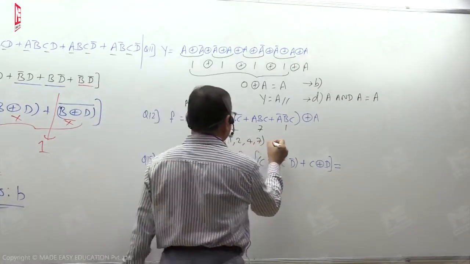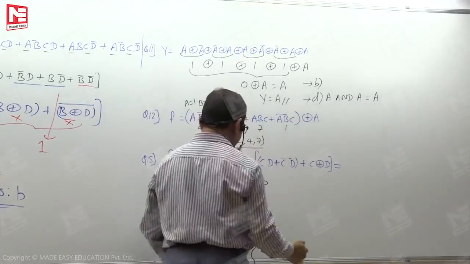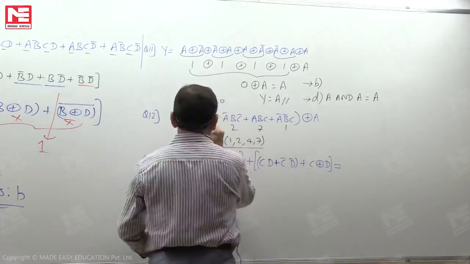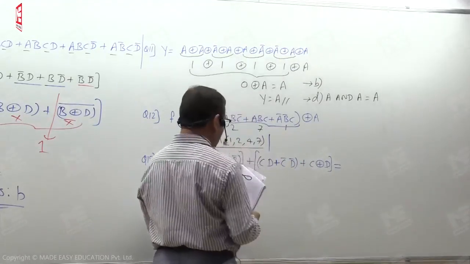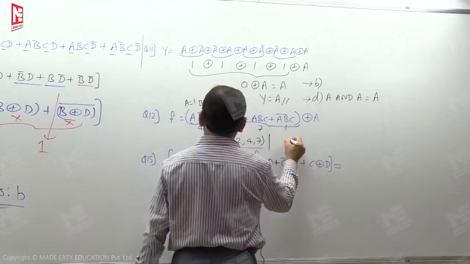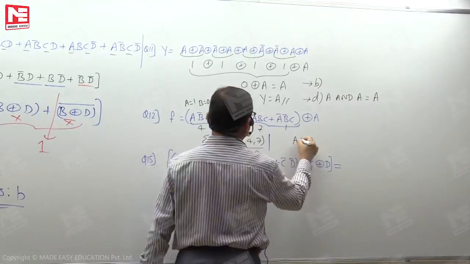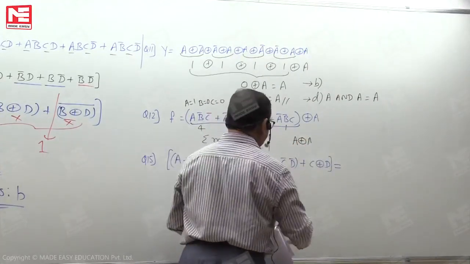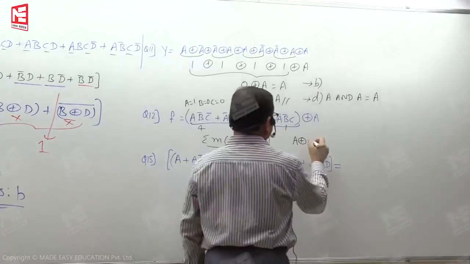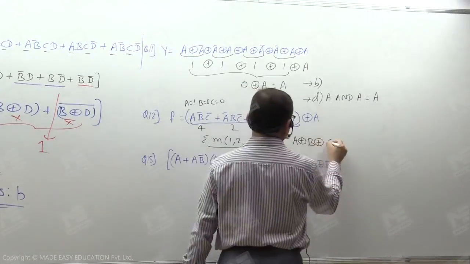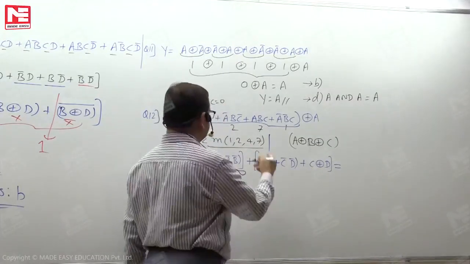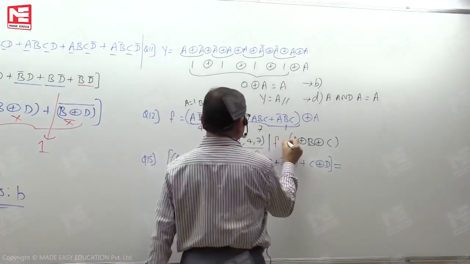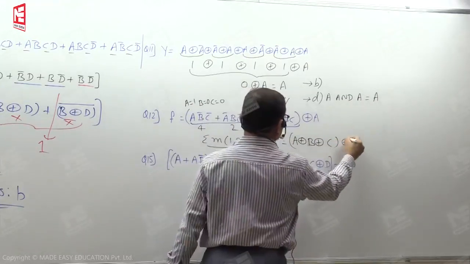So effectively all these together can be read as A exclusive or B exclusive or C. So when we have minterms 1, 2, 4, 7, effectively it is exclusive or between A, B and C. And this is exclusive or with A.